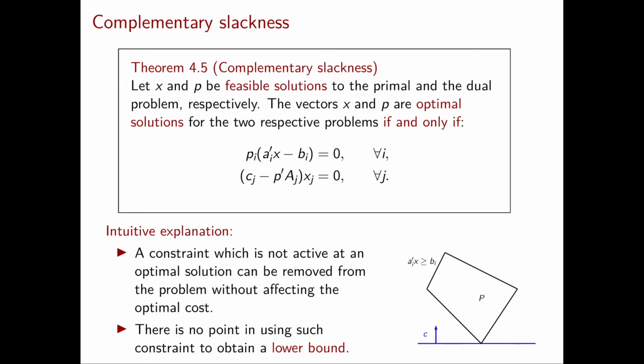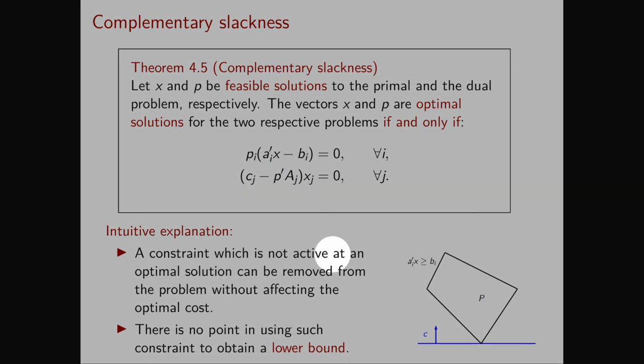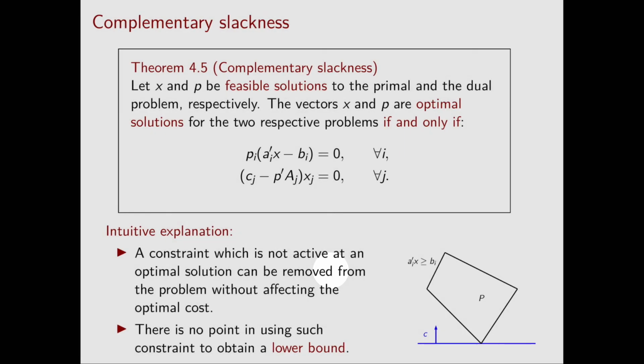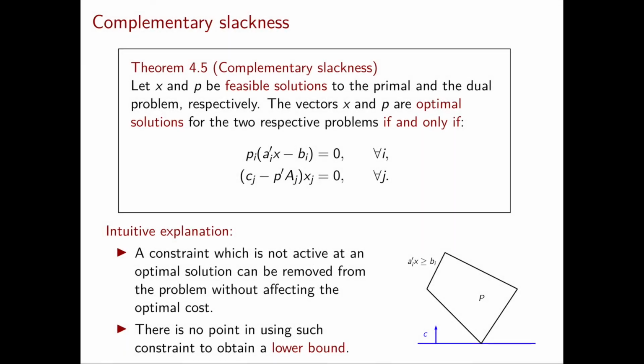This implies that if we have a constraint that is not active at an optimal solution, then we can remove such an inequality from the problem without affecting the optimal cost. And this is because once we have removed such an inequality from the primal, then we can still obtain the same optimal dual bound. So the optimal cost doesn't change.